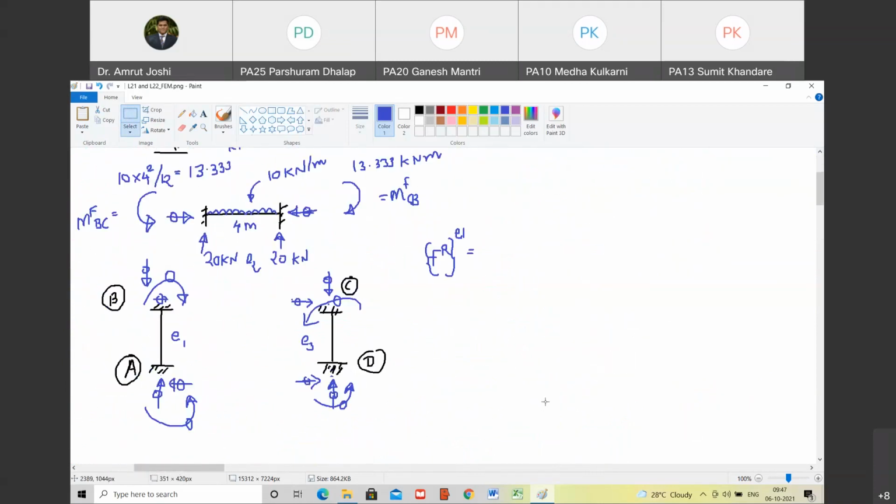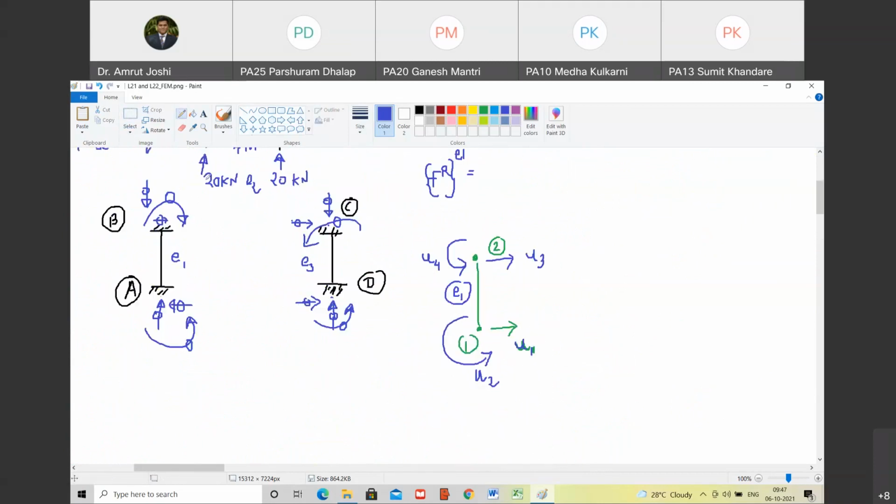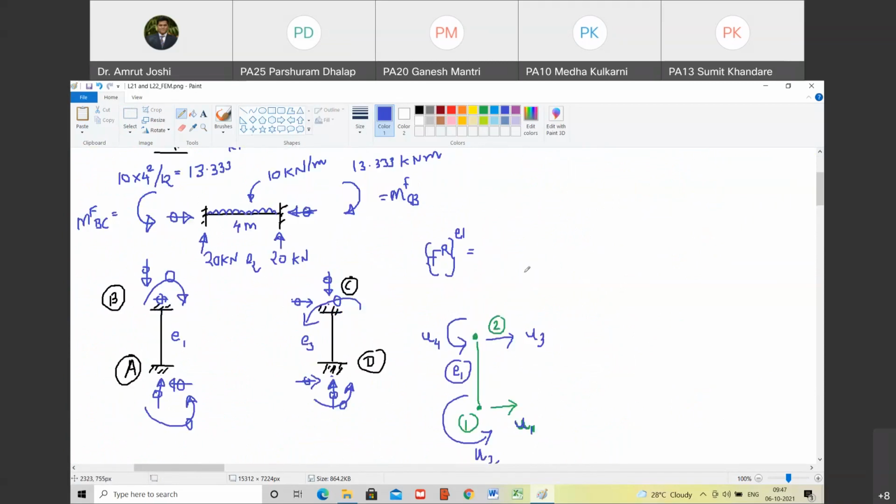Yes, sir. So now corresponding to U1, what is the reaction? But first of all, tell me what is U1? Is it a translation or is it a rotation? Translation.